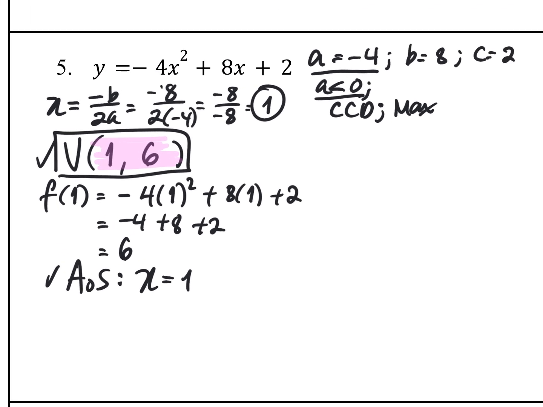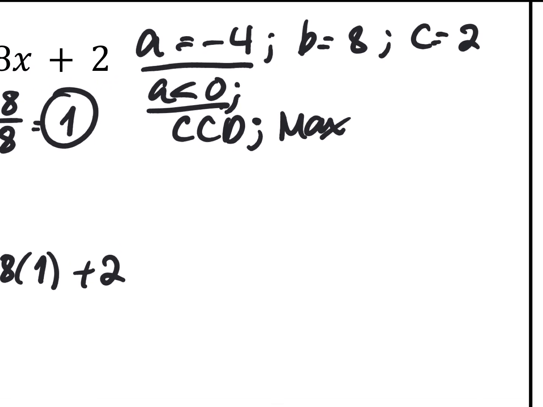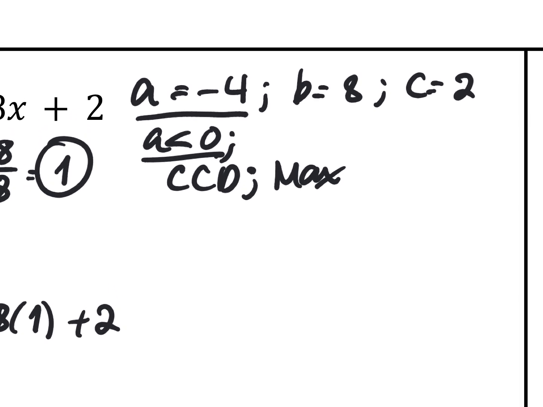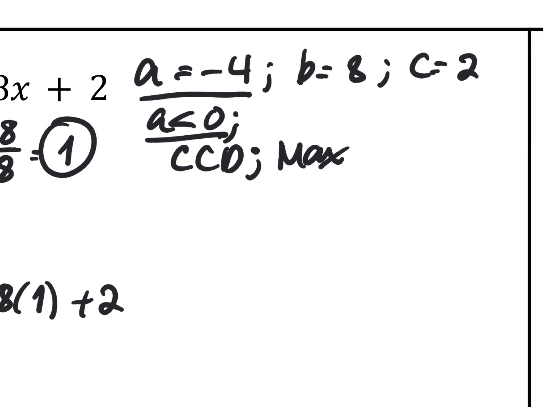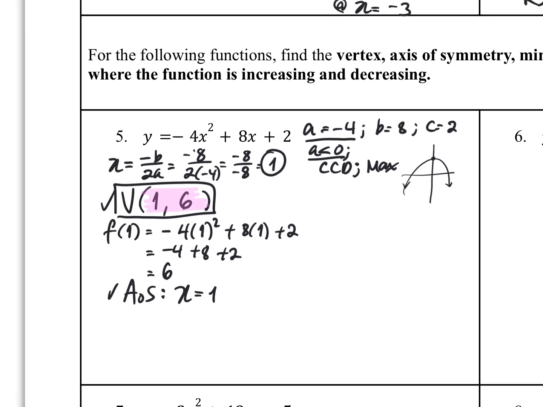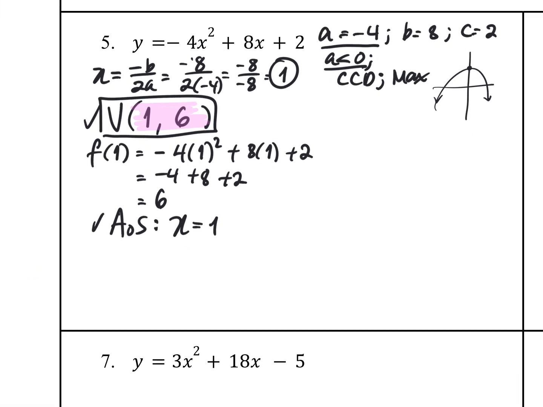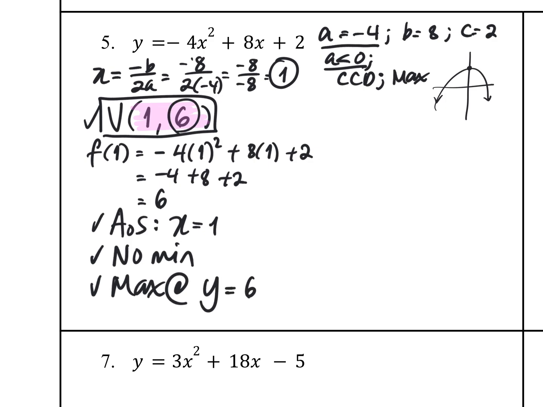You still remember this one: when a is less than 0, it's going to be concave down, and when it's concave down, it's going to have the maximum value. It's going to look something like that, and the vertex is on top. So we can say that there is no minimum, but it has a maximum. At what value? Look at your y. Y is equal to 6 when x is equal to 1.